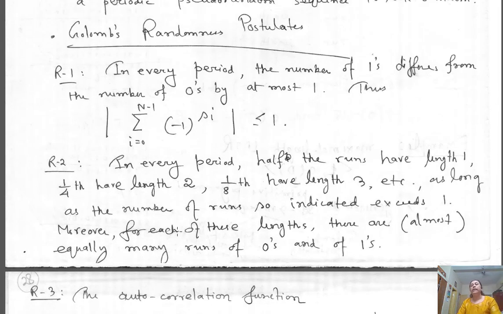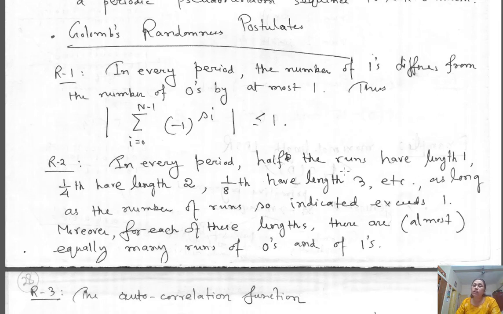Second condition, what it says is that in every period half the runs have length 1, 1/4 have length 2, 1/8 have length 3, etc., as long as the number of runs so indicated exceeds 1.